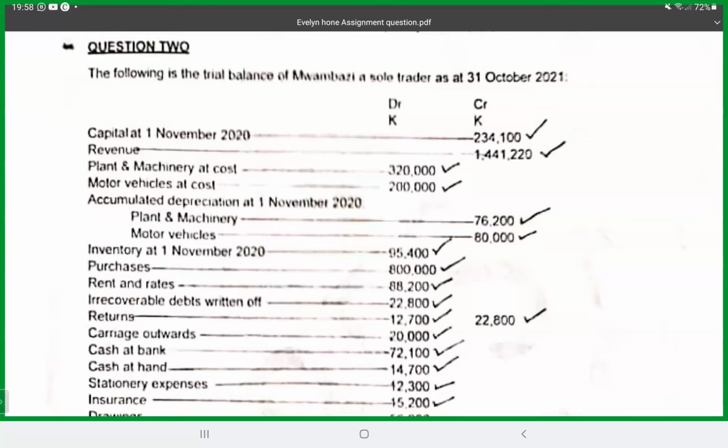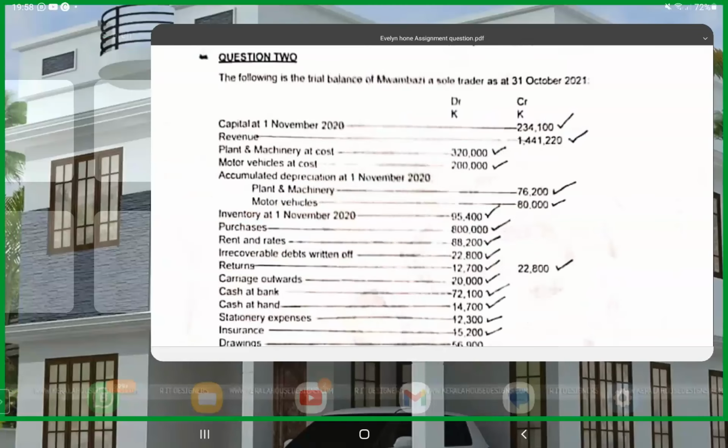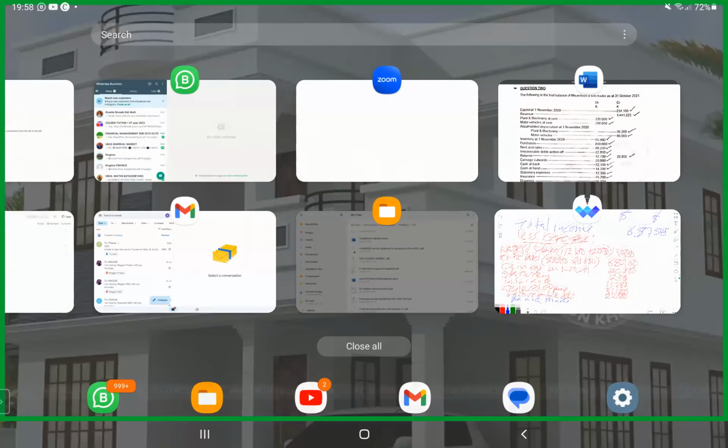Just do 0.10, that's the 10%, times the 320,000. What is it giving you as a depreciation?